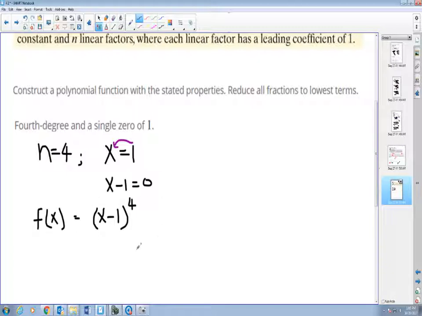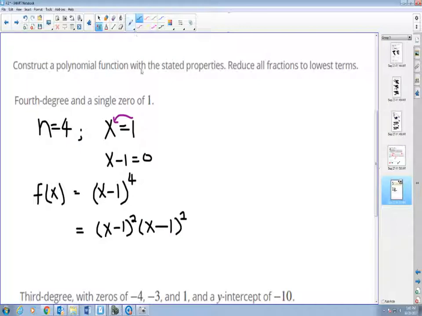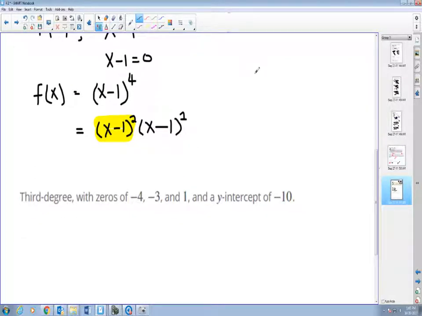So after we write out the factor form, now we just need to multiply this out. So x minus 1, I'm going to write it out this way: x minus 1 whole thing squared times x minus 1 whole thing squared. Split up into squared, because now what I see is x minus 1 whole thing squared, using the perfect square binomial property. As you can recall, a minus b whole thing squared is equal to a squared minus 2ab plus b squared.